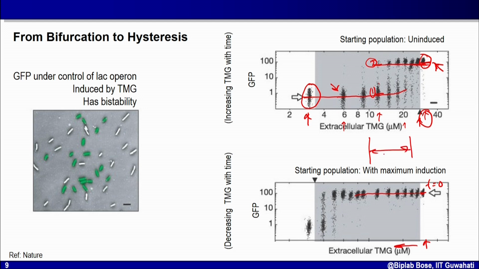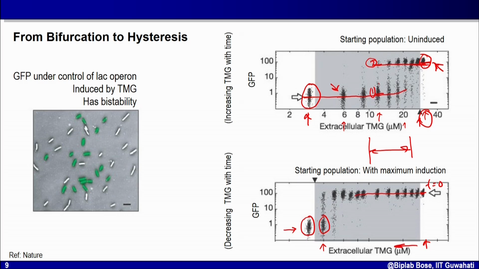So as they started with a higher GFP expression, higher steady state of GFP, they are staying there till this value of around 4 micromolar of TMG, where the lower steady state GFP cells appear. And here at the end, I have only one population having the lower expression of GFP.